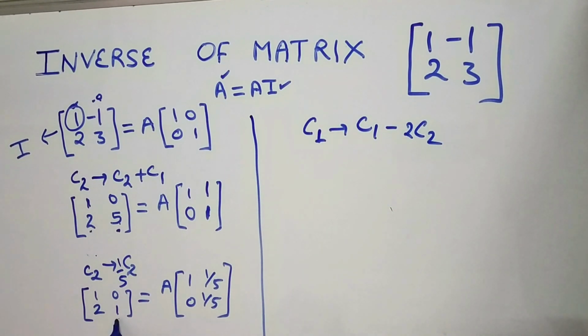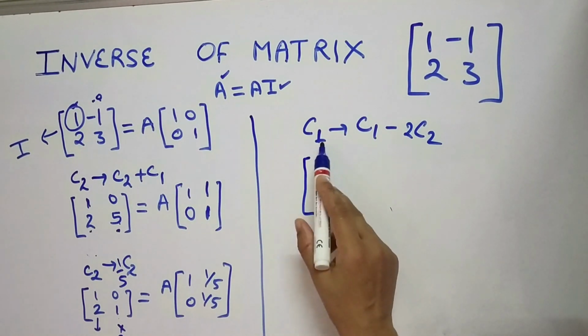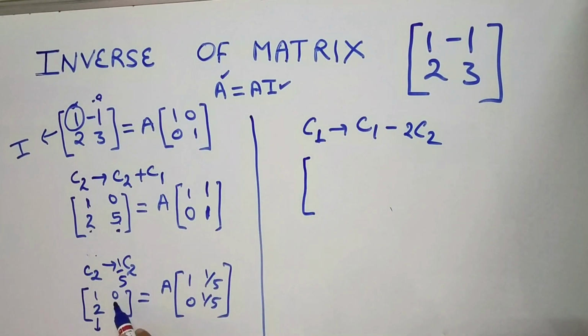See, here we have 1, here we have 2. We have to make this one 0. If you multiply this column with 2 and subtract it, 2 minus 2 will become 0. So you have to multiply this full column with 2 and then subtract it. Or, as I told before also, you can multiply this full column with minus 2 and add it to the first column. So it will be 0.